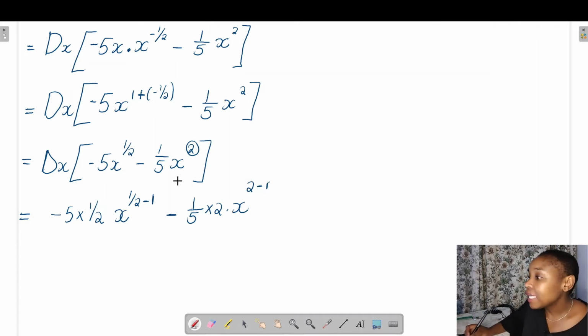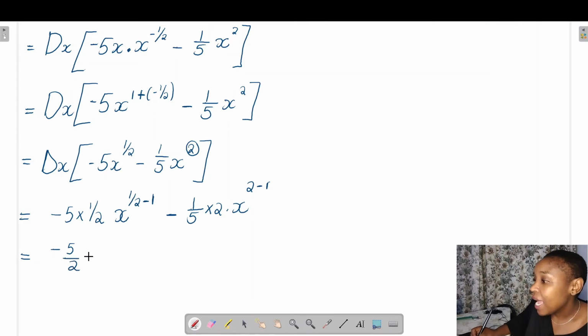Here, guys, I'm showing you how we apply the rules of differentiation. If you say negative 5 multiplied by 1 over 2, you're going to get negative 5 over 2, and then x to the power of 1 over 2 minus 1, which is x to the power of negative 1 over 2.